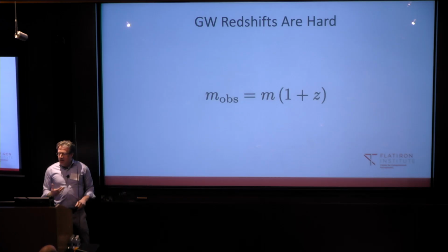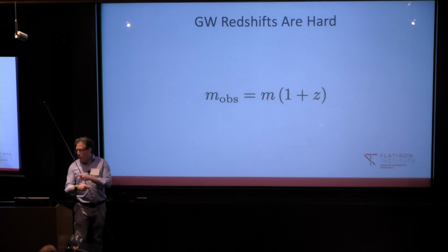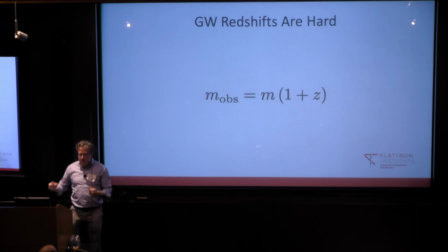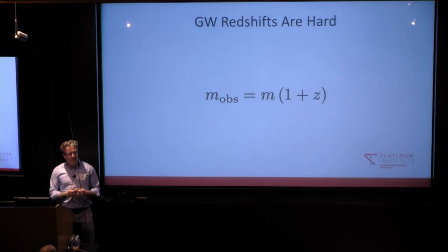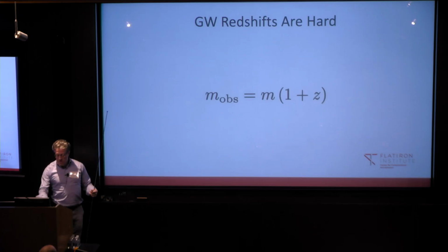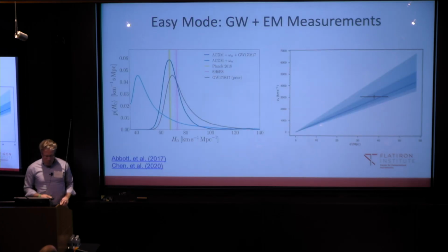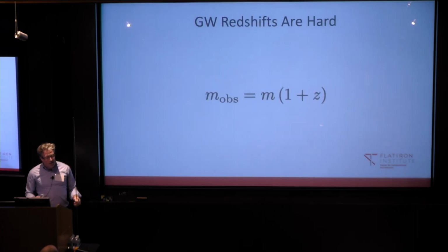But all that does for us is change the mass that we infer for that system. Right? We infer masses by examining orbital frequencies right before the plunge, or the rate at which the system is in-spiraling. So if the frequency is redshifted, the mass is redshifted. So if I don't know what mass I was supposed to have, I can't really say what redshift the signal occurred at. Okay, that's obviously a problem for cosmology.